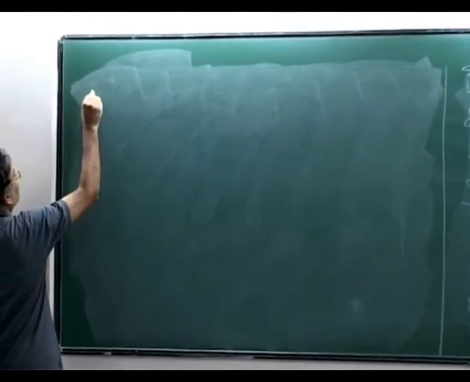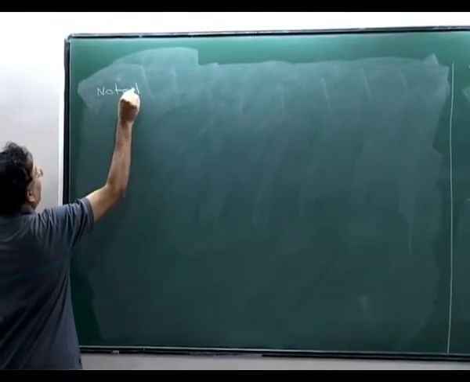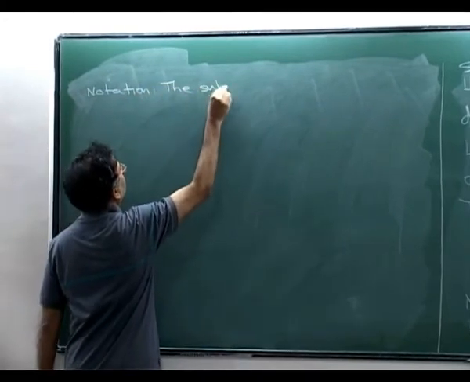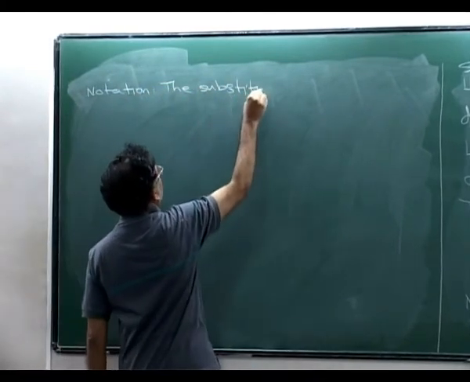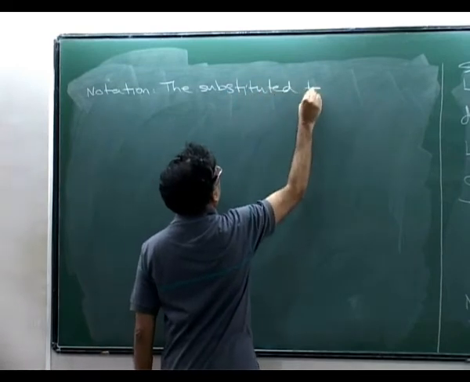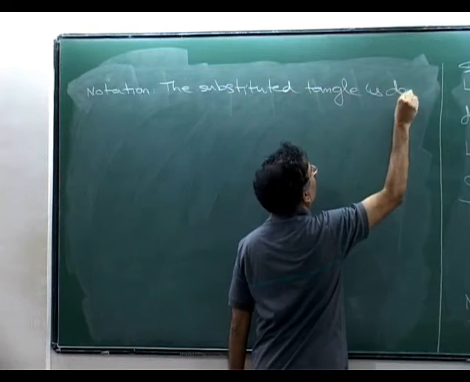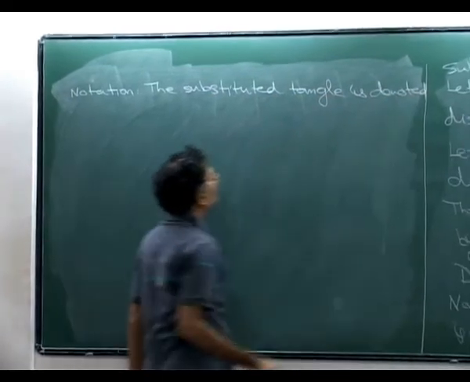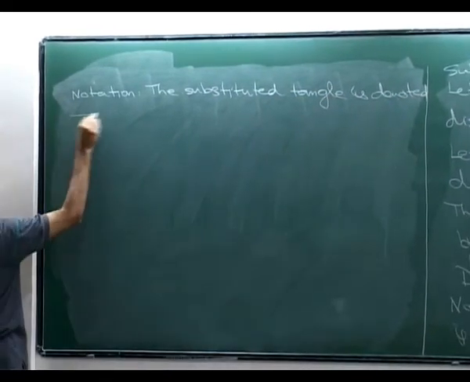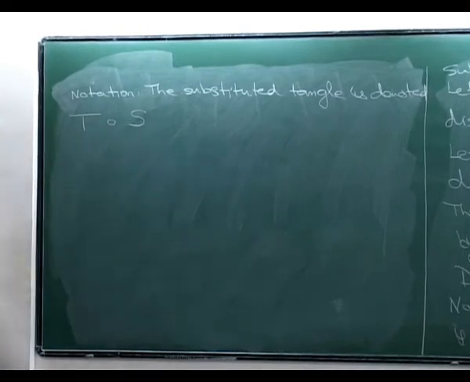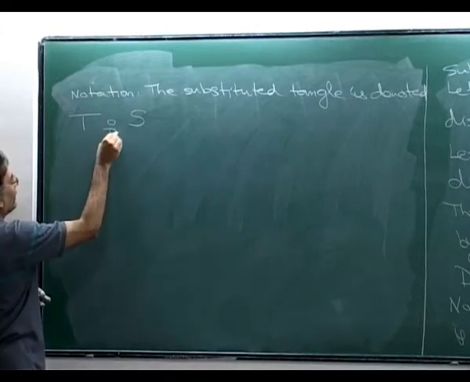First, the notation. The substituted tangle is denoted as follows: you begin with T and then you are composing with S, but there are many ways of composing with S. In the ith disk of T, you put in a Di or an i there.